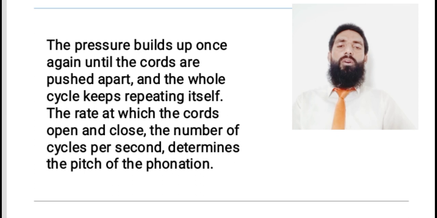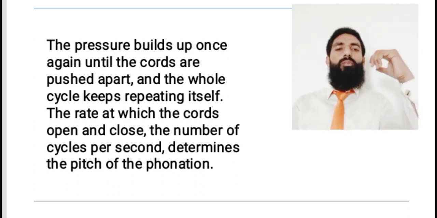The rate at which the cords open and close, the number of cycles per second, determines the pitch of the phonation. Here you can easily understand the process: the pressure builds up once again until the cords are pushed apart.